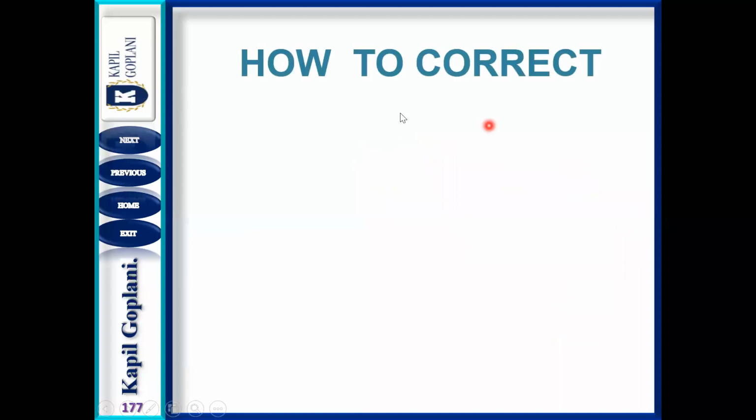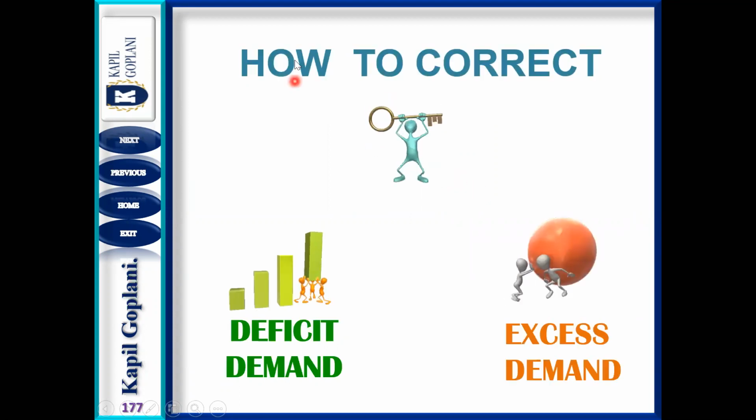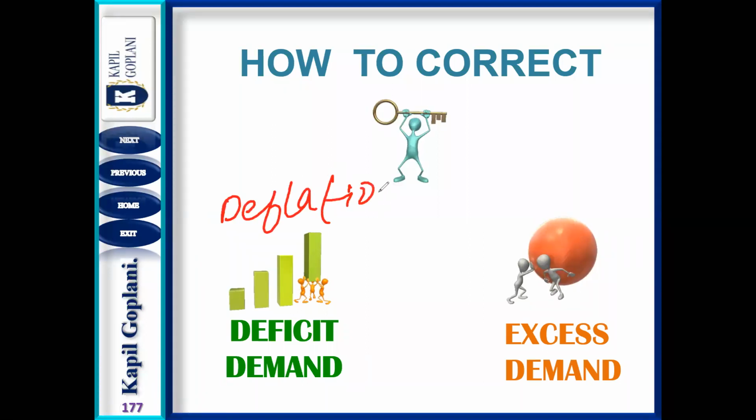Now, how can I correct this situation of inflation or deflation? Or rather, how can I correct the situation of deficit demand? Deficit demand is considered as deflation and excess demand is considered as inflation.